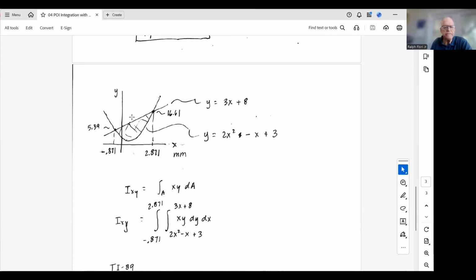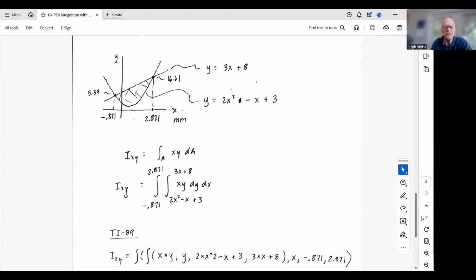Here's one more example that I had in this document. Again, this is an area between two lines. The top line is a straight line, which is y is equal to 3x plus 8. The bottom line is y is equal to 2x squared minus x plus 3. They intersect at x equal to negative 0.871 and positive 2.871, and our units are millimeters.